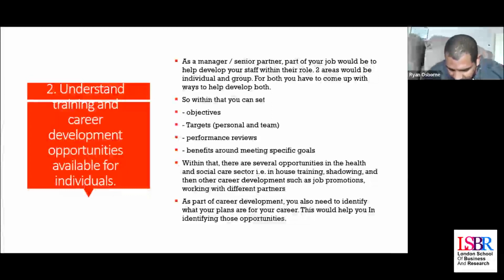Two areas you may work on are individual training and group training, and for both you have to come up with ideas and ways that will help develop them. You can set objectives, targets and performance reviews, and you can also set benefits around meeting certain goals.